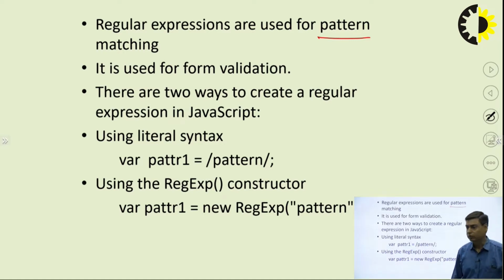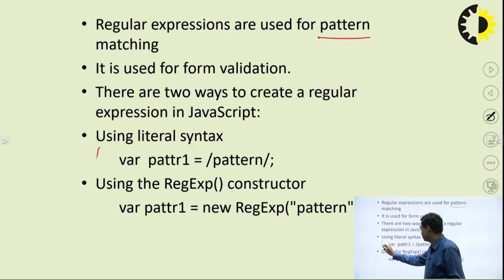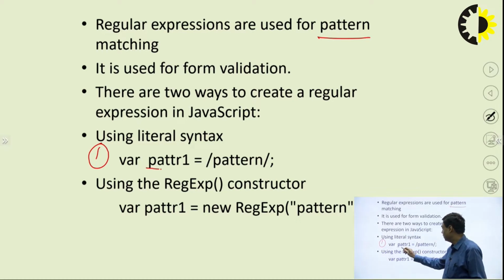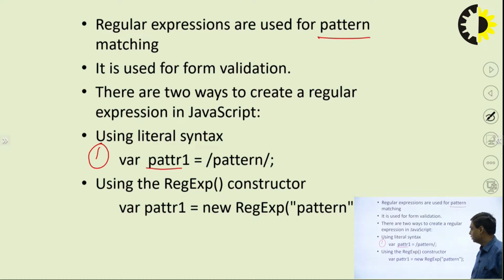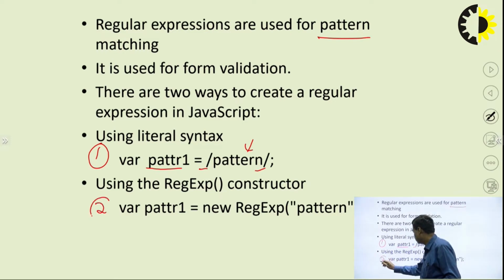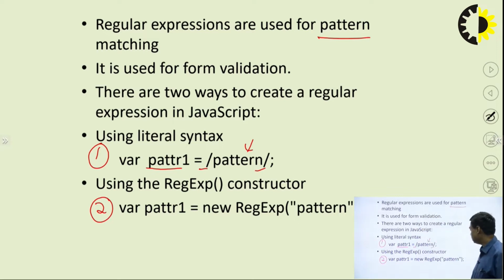There are two ways. This is the first way to define a pattern: create a variable in JavaScript, then use these two slashes and write the pattern here. The second way is to define the pattern with the help of the regular expression constructor.